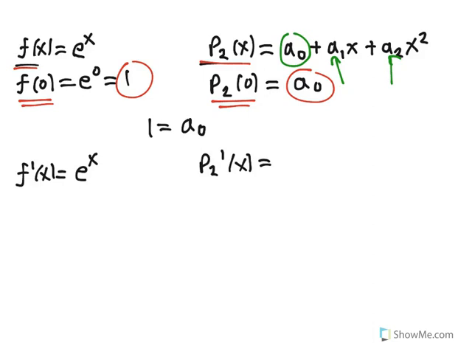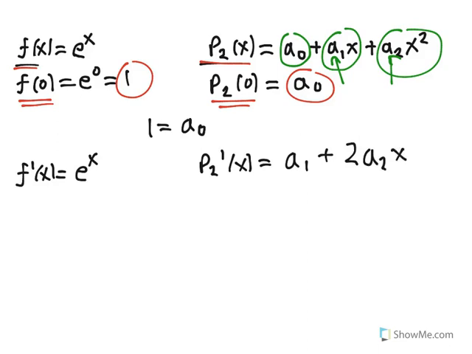The derivative of the constant term a naught is 0. The derivative of a sub 1 times x is a sub 1. And the derivative of a sub 2 times x squared would be 2 a sub 2 x.